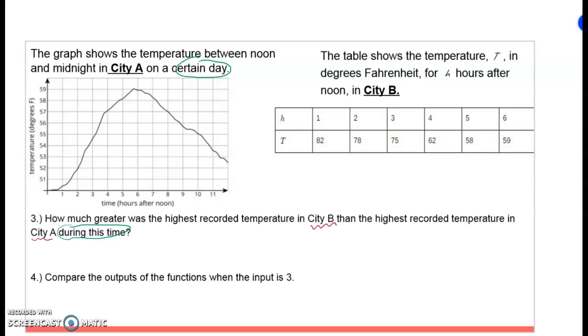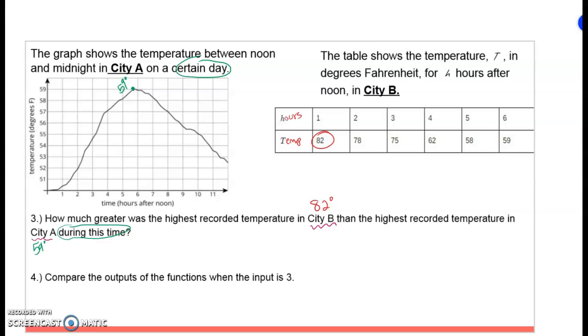What it's asking is, what's the highest temperature in City B, which we can look here and see that 82 degrees is the highest. And if we go over to City A, we can just follow the line and see where it hits its highest point, which is going to be right there, which is going to be 59 degrees.